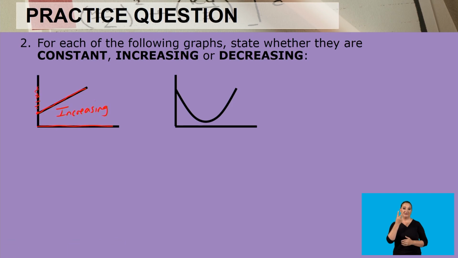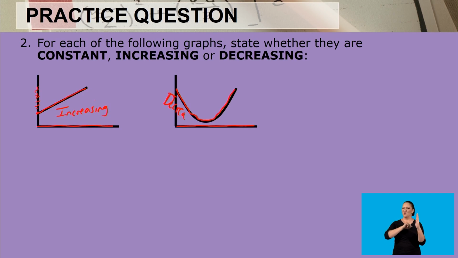Well, our next graph here, we can see that as we are increasing in our horizontal value, those vertical values start by decreasing and they get to a point where they start increasing. So this graph would be both an increasing and a decreasing graph, depending on where you are on the graph. When we are looking at the first part of our graph, we can say that this part is decreasing.